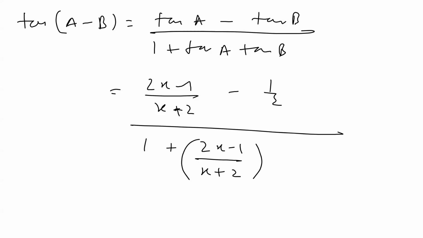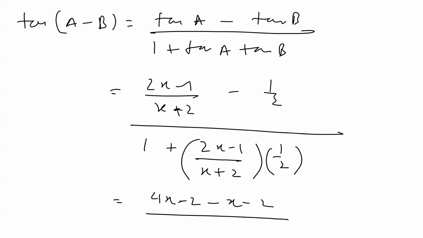2x minus 1 upon x plus 2 into half. So this will be 4x minus 2 minus x minus 2. Okay. And this is going to be 2x plus 4 plus 2x minus 1. Okay. I took LCM, and once we take LCM, these terms will get cancelled after taking LCM.